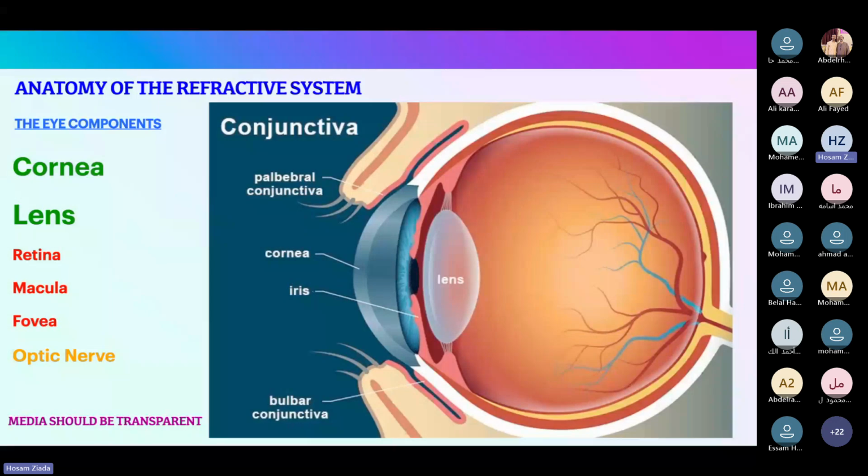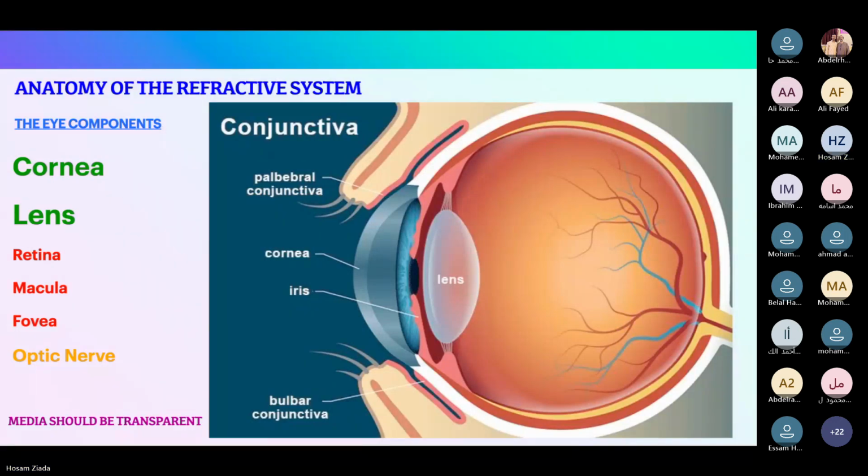So the image will be less clear because of the shadows and glare and the halos from the refracted light rays at the peripheral part of the lens.